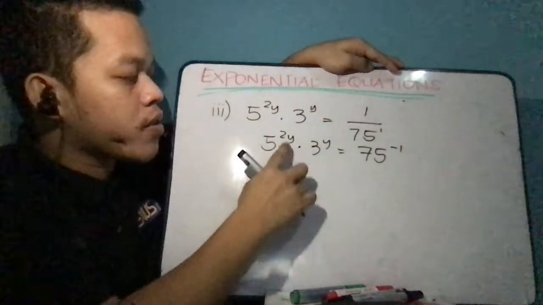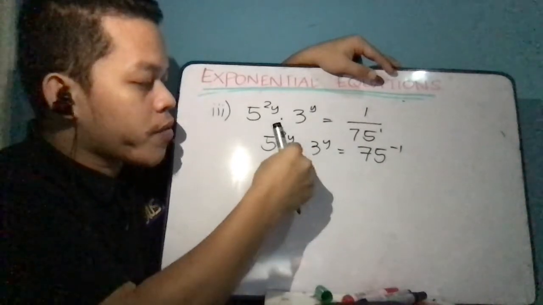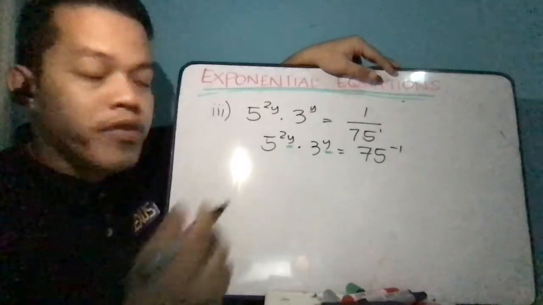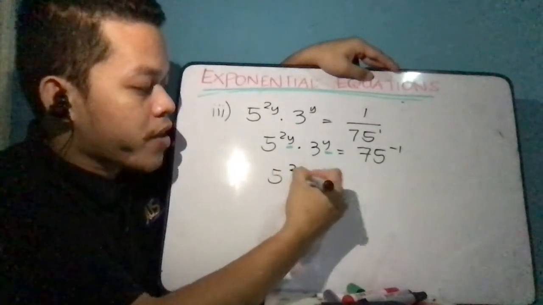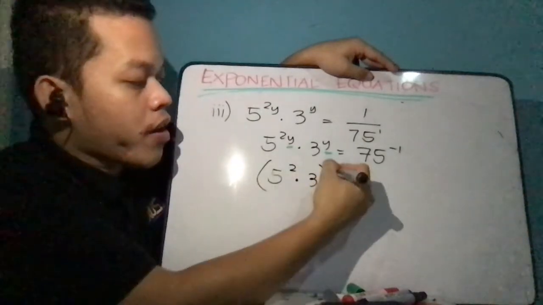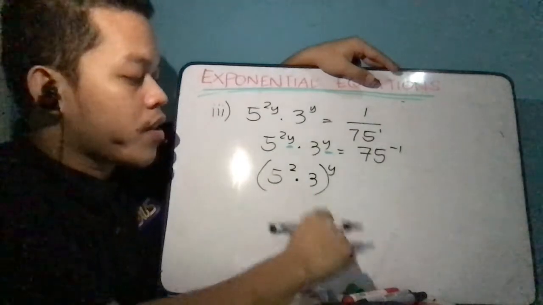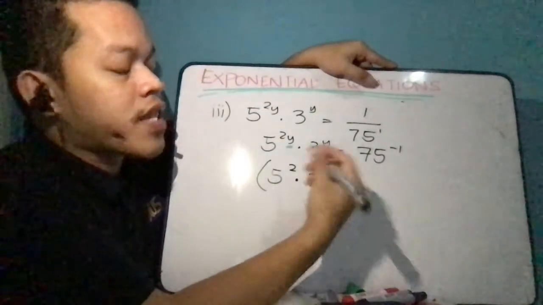When I say backwards, look at this one. We have y here for the exponent of 5 to the 2y and 3, which means that we can rename this expression as 5 squared times 3 to the power of y. We're using the power of a product law, which means that we have two different bases and we have the same y, with the same exponent.